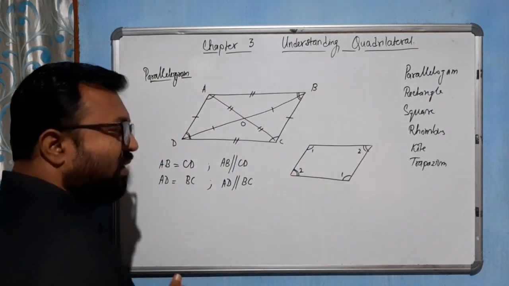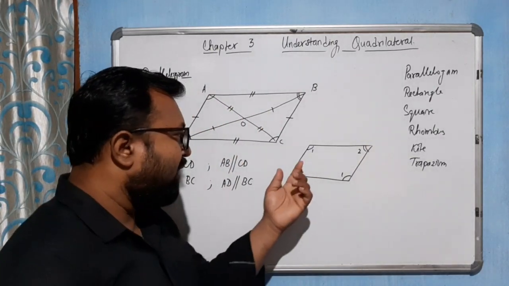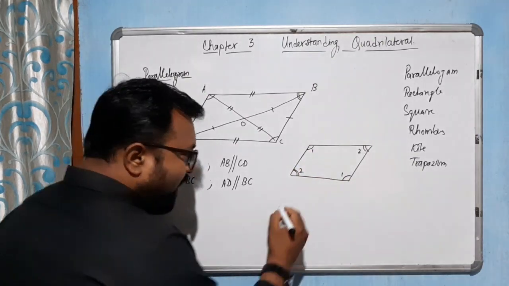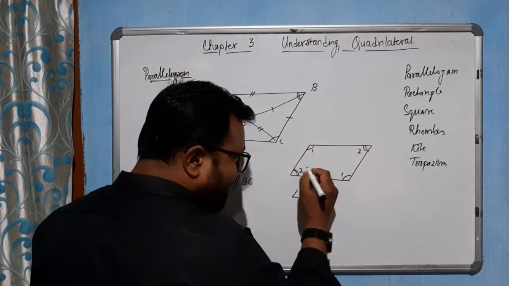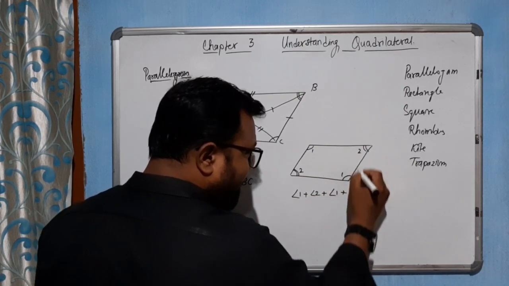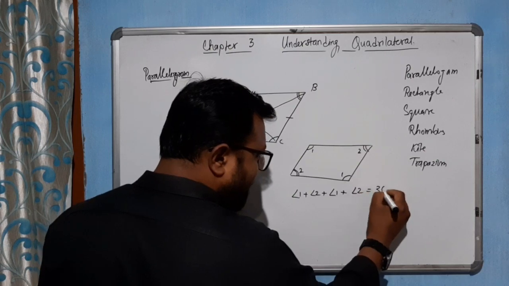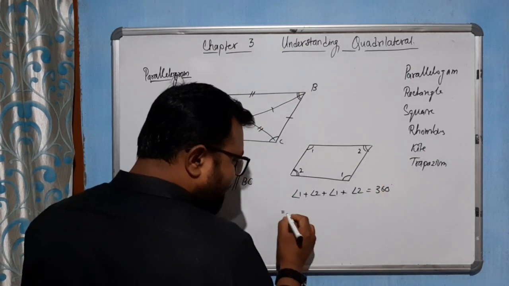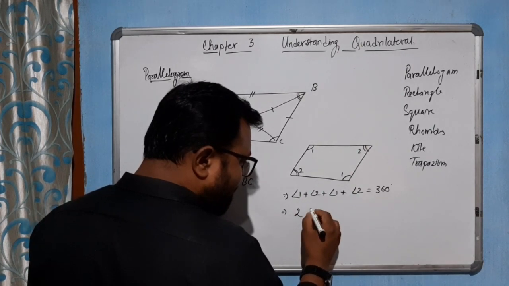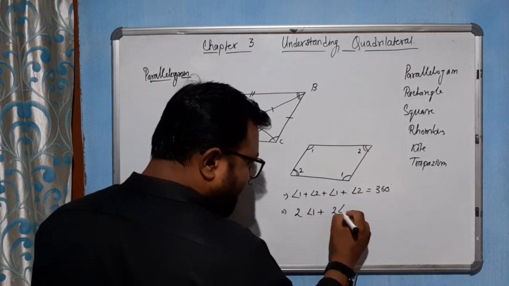And we know that in a quadrilateral, the sum of all the interior angles is equal to how much? 360 degrees. So angle 1 plus angle 2 plus angle 1 plus angle 2 equals 360 degrees. So 2 angle 1 plus 2 angle 2 equals 360 degrees.